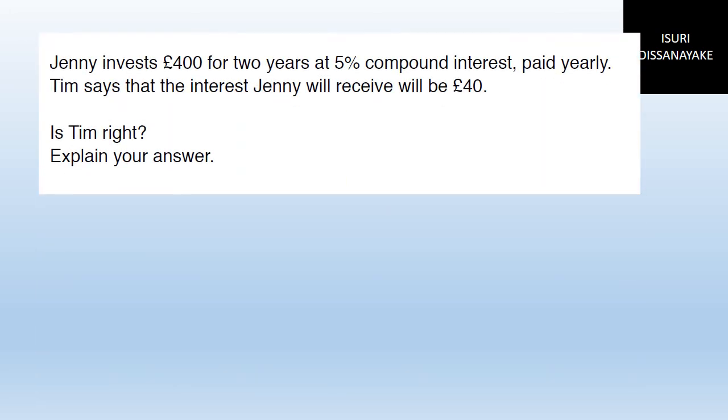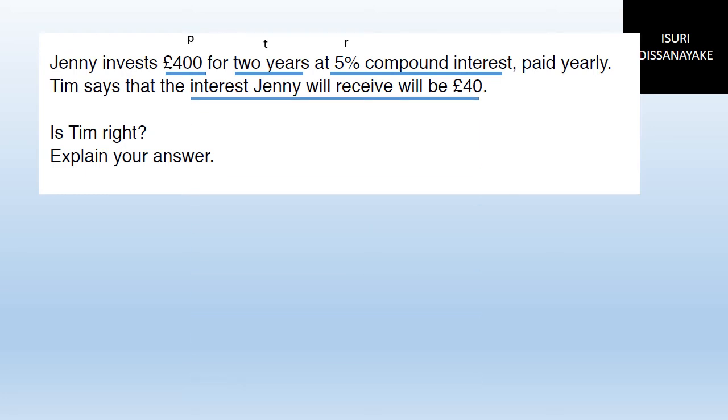Jenny invests £4,000 for 2 years at 5% compound interest, paid yearly. Tim says that the interest Jenny will receive will be £40. Is he right? Let us see. So the principal amount is 4,000 and it had been invested for 2 years, and the compound interest rate is 5%.